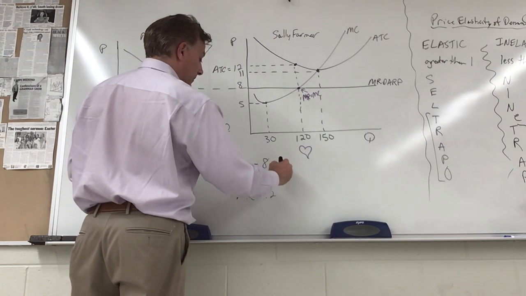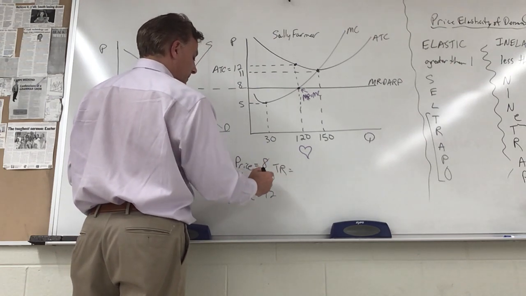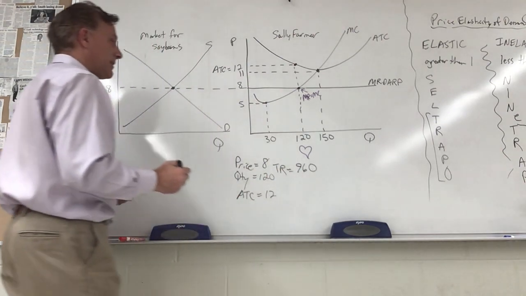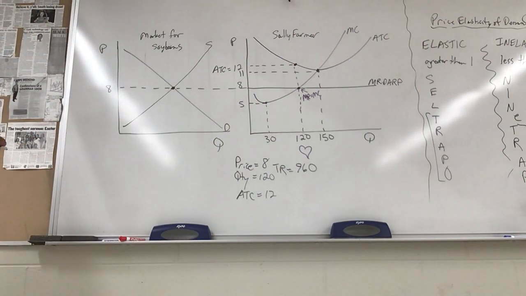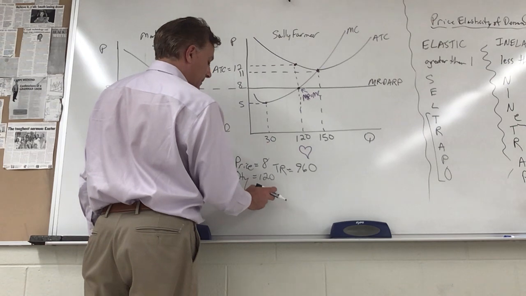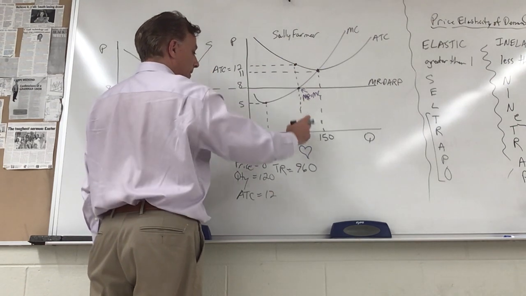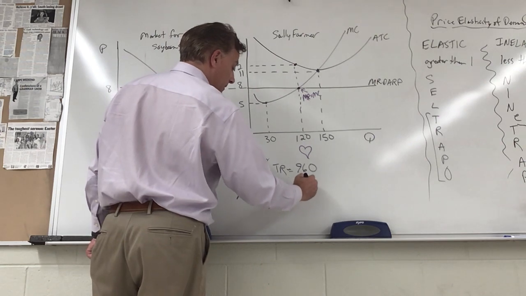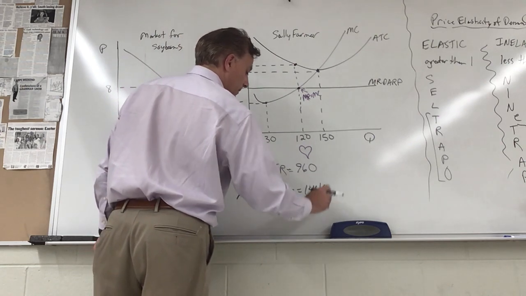We'll do the total revenue, which is 8 times 120 in your calculator or in your heart, that's 960, okay? Average total cost is 12 times 120. My total cost equals 1,440.